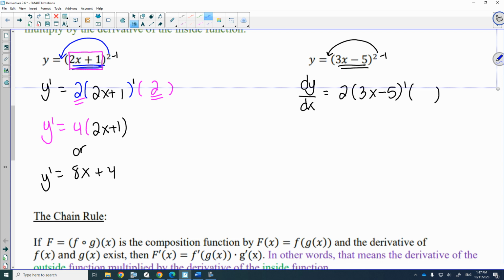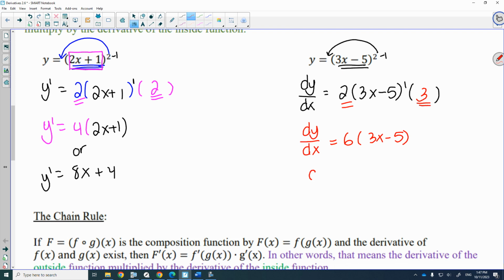And Alex, what would the derivative of the inner function be? 3. dy dx, derivative of y with respect to x is equal to 6 times 3x minus 5. That's my factored answer. My non-factored derivative would be 18x minus 30.